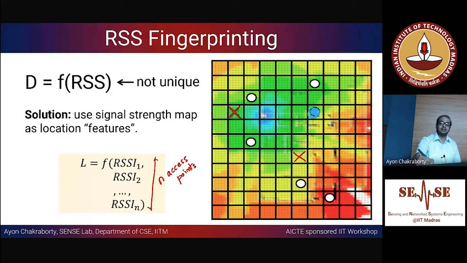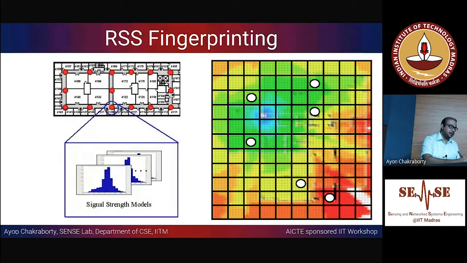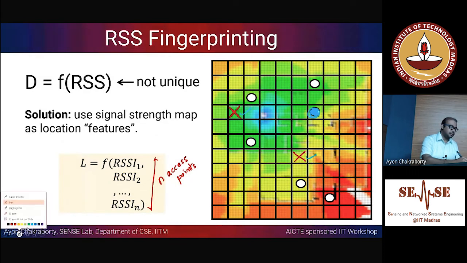For this access point, the RSSI here and here might be the same. But what will happen for this yellow access point? The signal strength will be more here and less here, right? Is there any confusion with this?